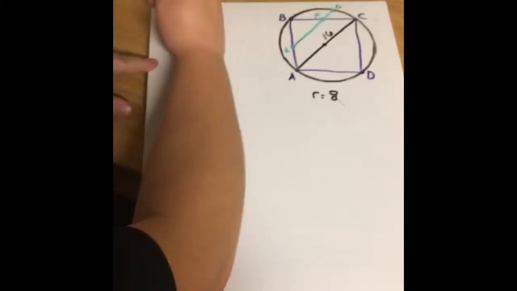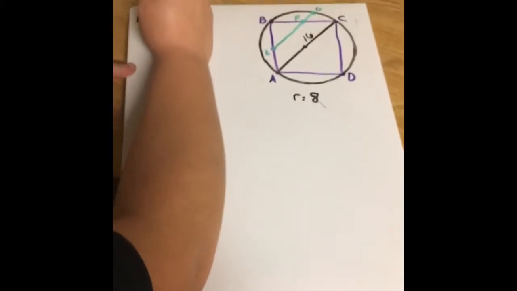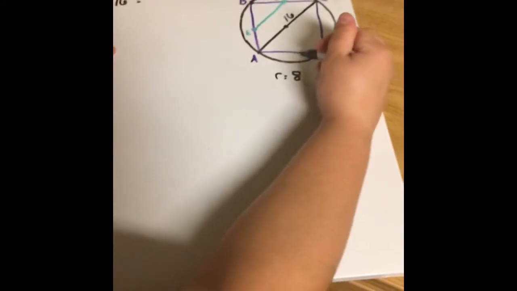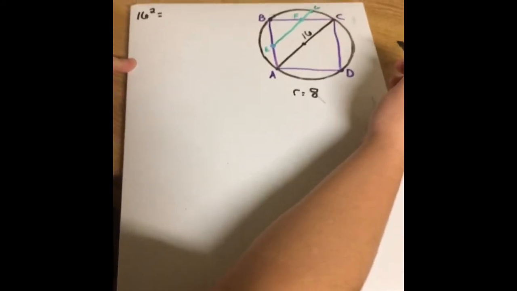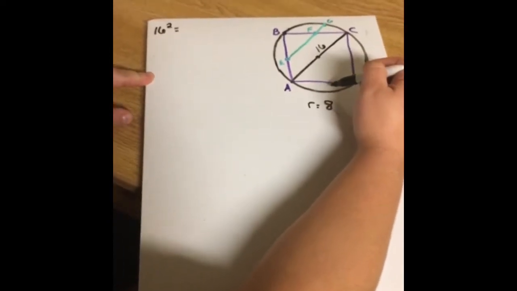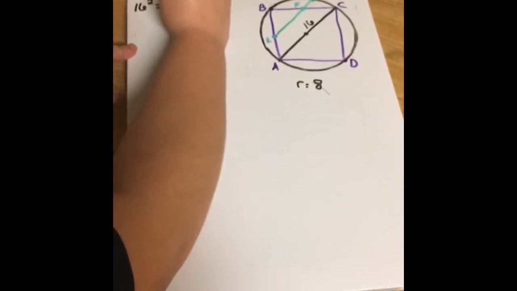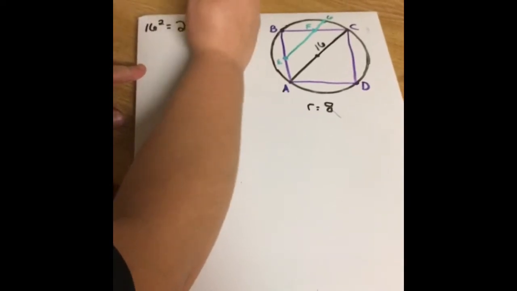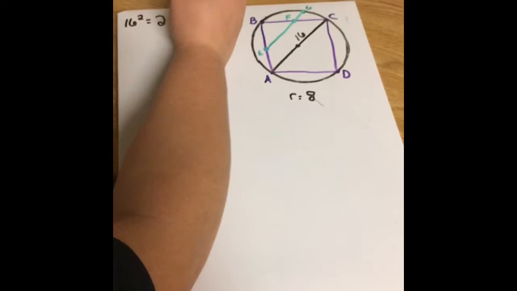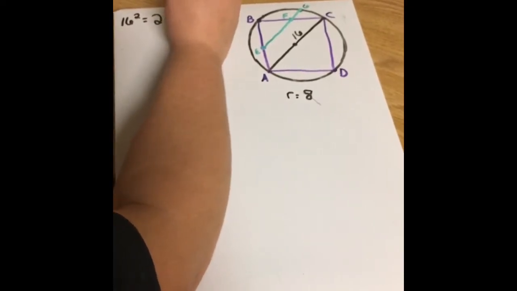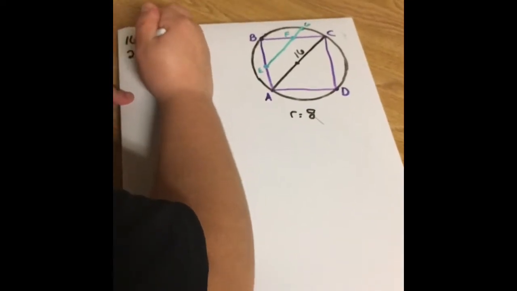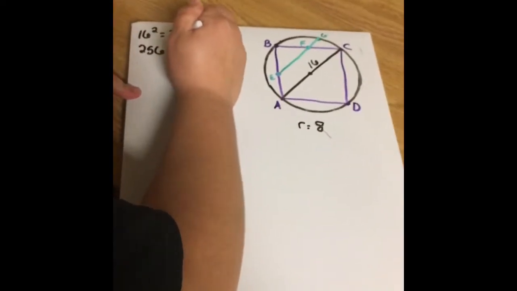So we can use the Pythagorean theorem to solve this. So we get c squared equals a squared plus b squared. However, since this is a square and both these sides will be equal, we can combine like terms to get 2a squared. So we get 256 equals 2a squared.